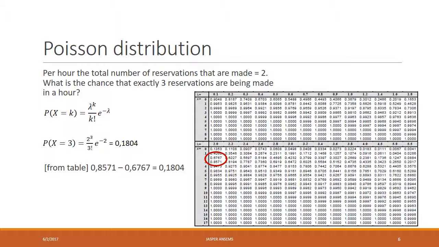So 0.8571 minus 0.6767 is exactly the same, 18.04% that 3 reservations are being made in an hour.